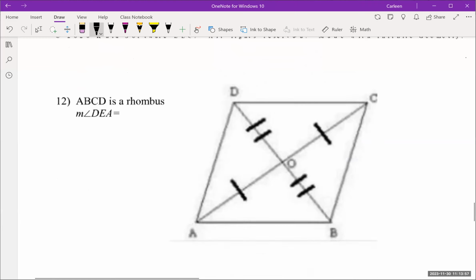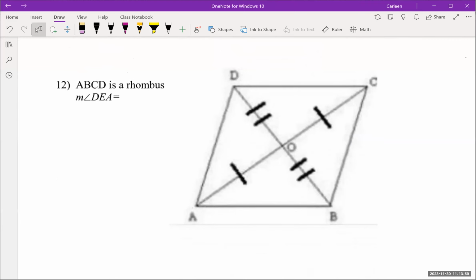Okay. ABCD is a rhombus. And we talked about this. So if it's a rhombus, not only do the diagonals bisect each other, the diagonals are perpendicular.